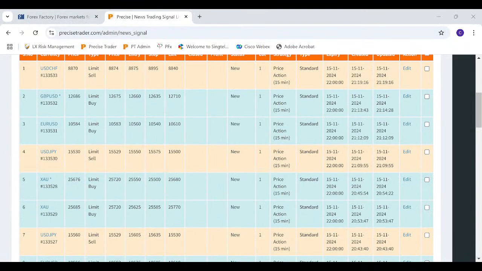Okay, so this is your order. We are trying to sell dollar Swiss at the market. Pound, euro dollar to buy about 20 pips away.